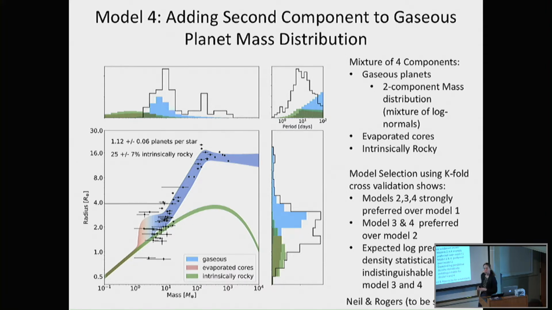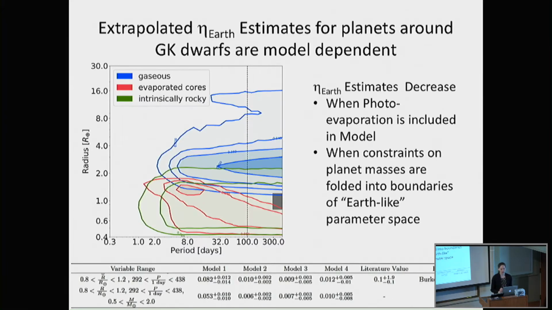And actually models 3 and 4 that include the intrinsically rocky population are preferred as well over model 2 that does not include it. While there is no statistically significant preference of model 4 compared to model 3.